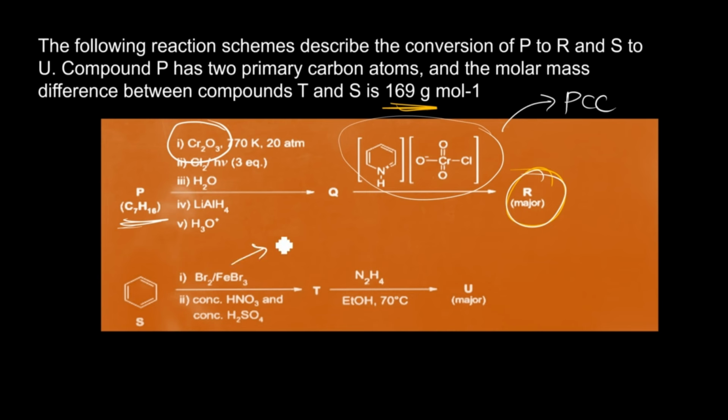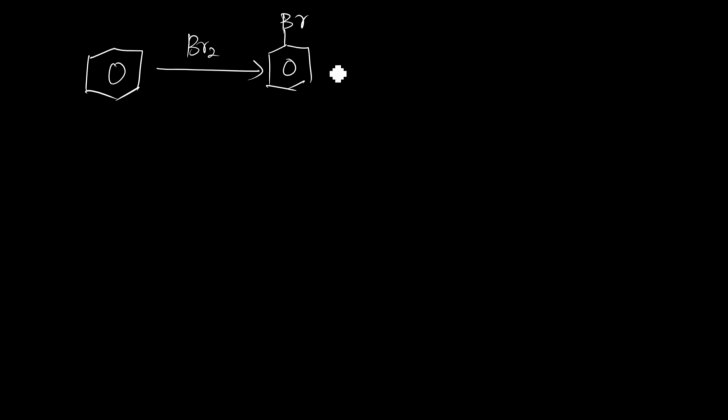The first one is bromination. The second one is nitration, followed by hydrazine and ethanol, which will form U. Let's see what that is. I'm having benzene; with bromination that will produce bromobenzene.